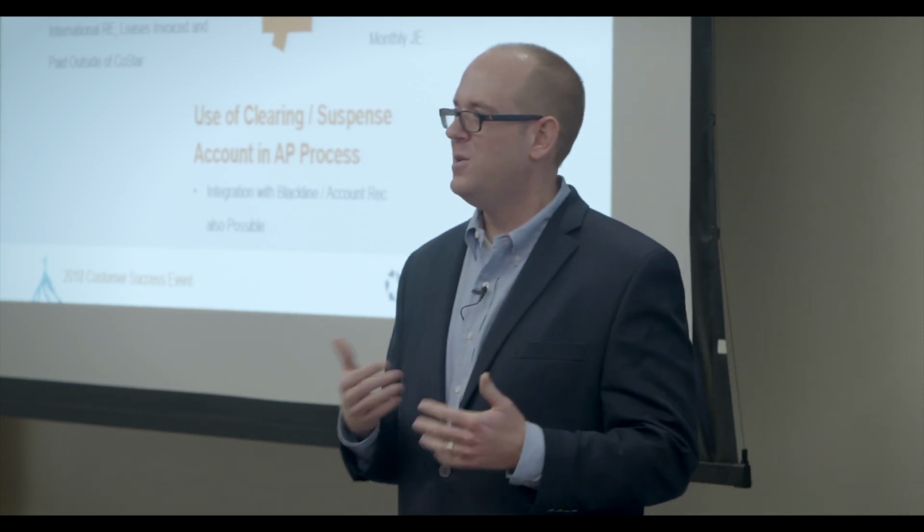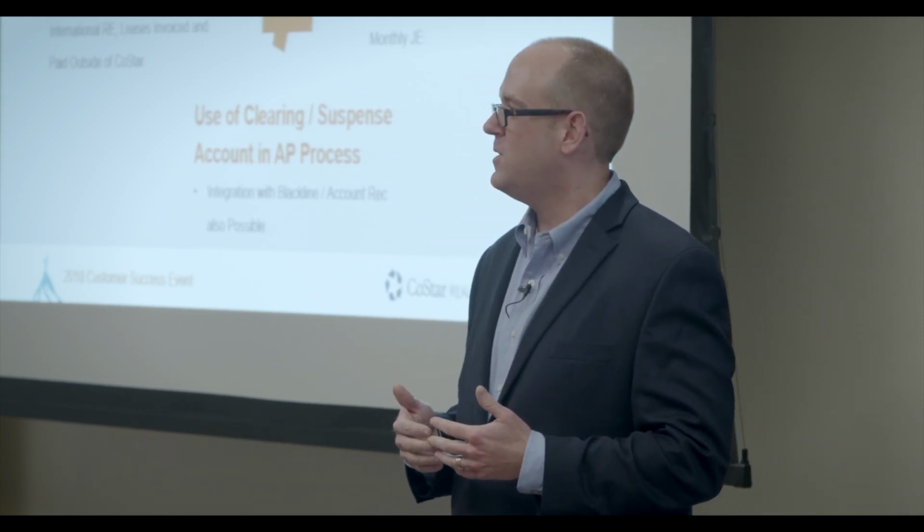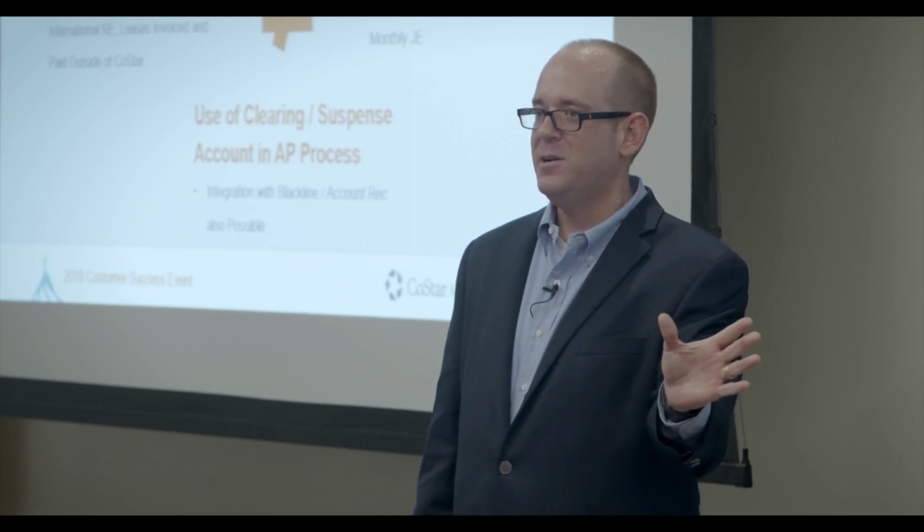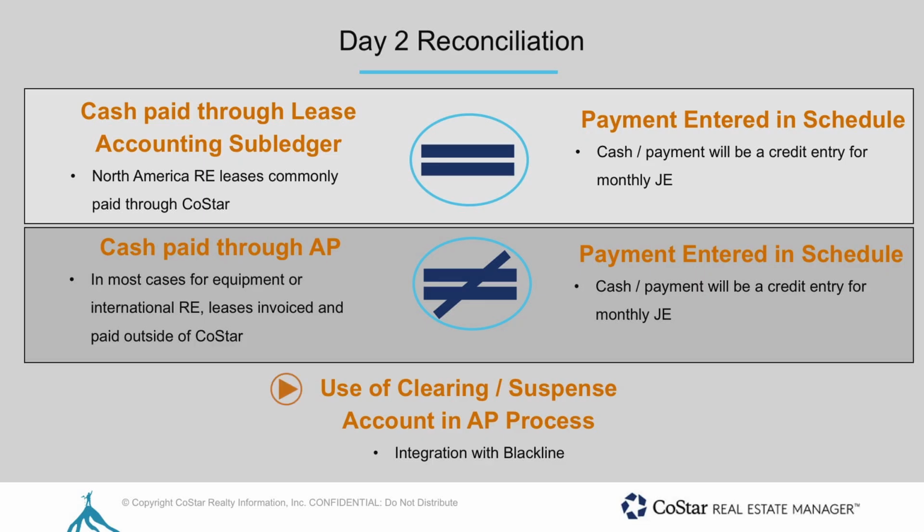They say, we don't want all that on our operators' P&Ls because they'll just flip out when they see that activity. We just want one number hitting rent expense every month, the straight line amount. We want to use a clearing account for the in and out that happens due to the difference between cash rent and straight line rent or level expense. So the clearing account is a very real strategy that's used all the time now.